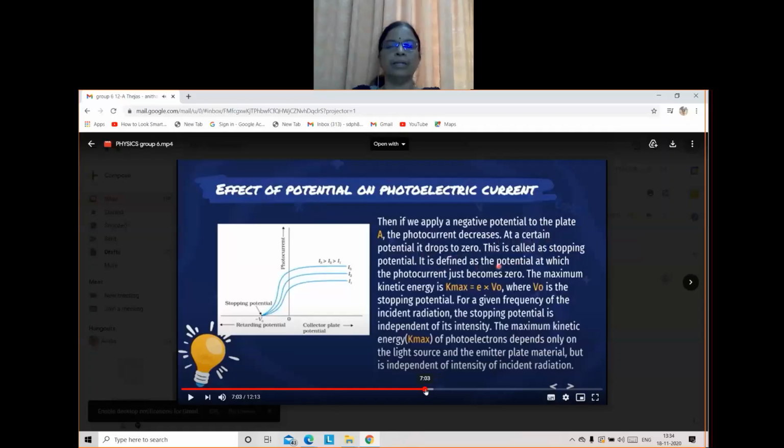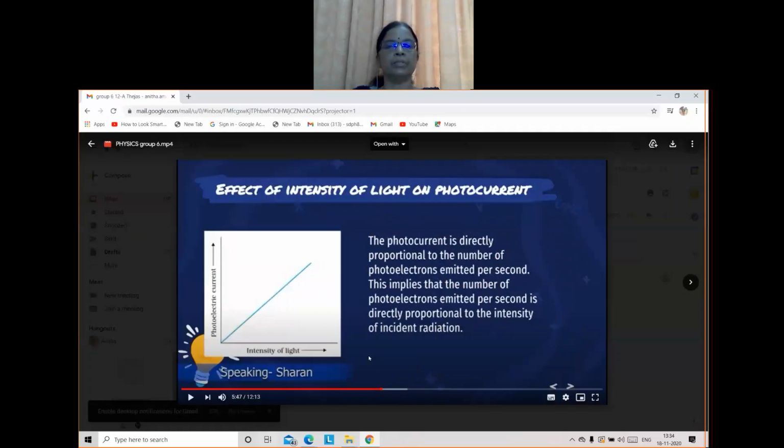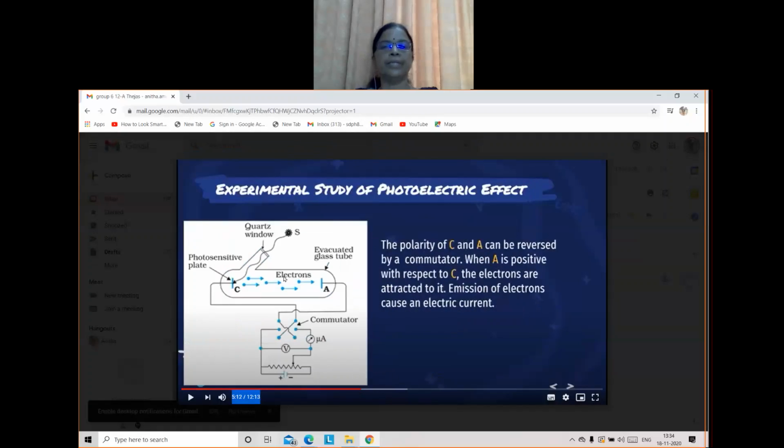Again, that experiment you have to see. Yes, you see. So I told you, when we increase the positive potential of this plate A, initially you can see an increase in photoelectric current, and it attains a maximum value that is known as saturation current, the maximum value of photoelectric current. On further increasing the potential, there is no change in the photoelectric current.